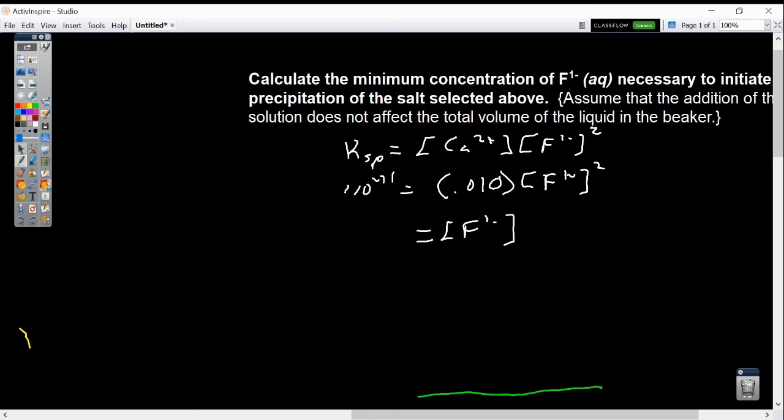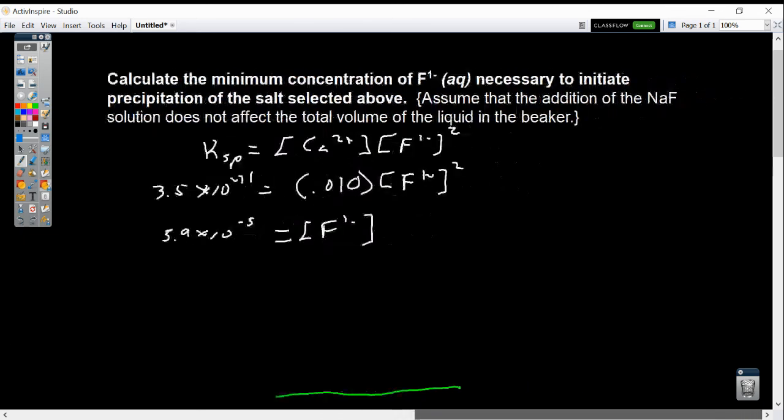Appreciate that, I really do. So it's 3.5 times 10 to the negative 9, and the square root of that, 10 to the negative 9 to the 0.5, is 5.9 times 10 to the negative 5th. That would be your concentration of fluoride.